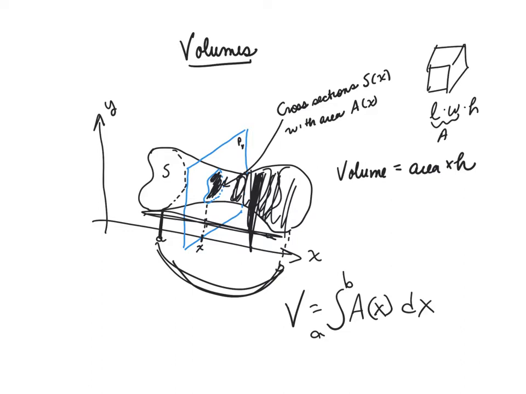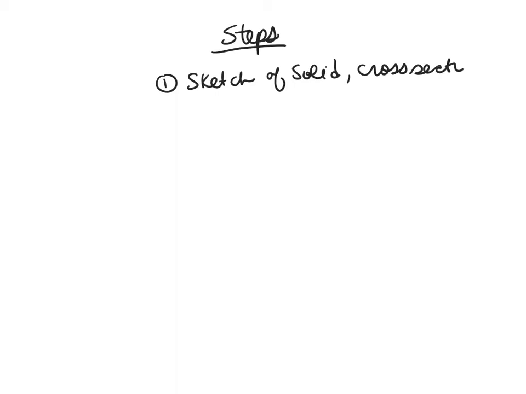So we're going to go through some steps, and then we're going to answer some questions. So here's your steps. Number 1, do your best to get a sketch of the solid and of the cross section. Number 2, find a formula for the area.